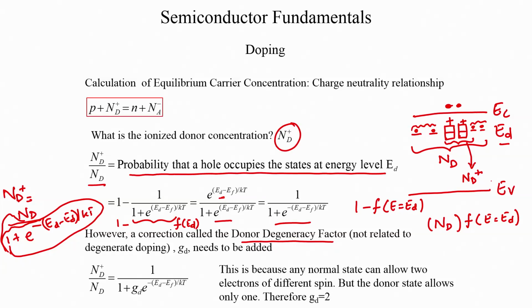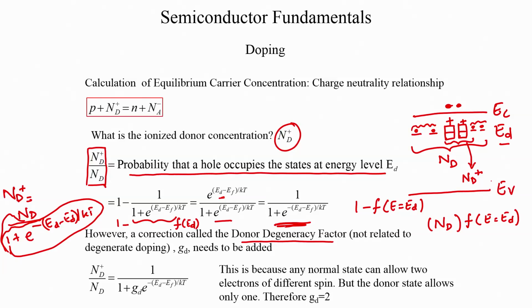We are not interested in degenerately doped semiconductors in this course. We are only talking about Ec minus Ef being greater than 3 kT, but despite that, while making a calculation of Nd plus by Nd, we need to attach a correction factor to this term.